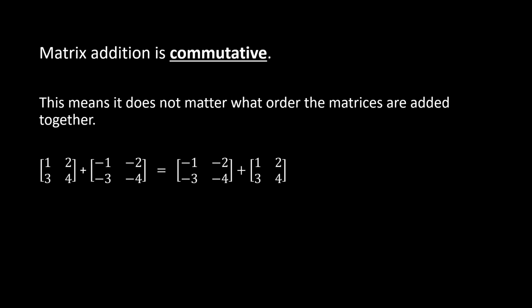Another concept with matrix addition is what we call the identity matrix. Now when you hear the word identity, usually you think of what something looks like. And an identity matrix is a matrix that we can add that does not change the identity or the way the original matrix looks.